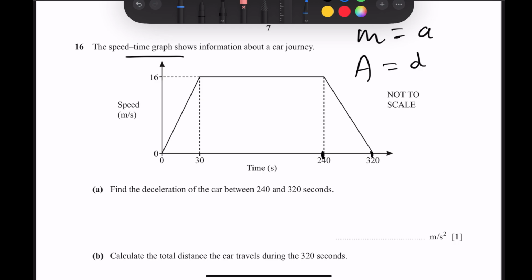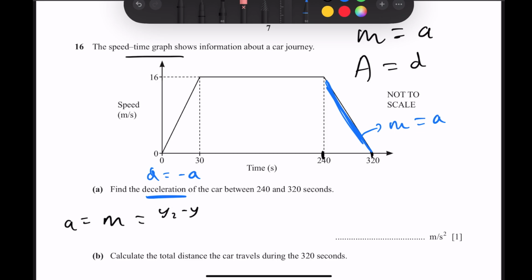So the question is asking for, since this gradient is equal to a and deceleration is equal to negative acceleration, let's first find the acceleration. The m is equal to y2 minus y1 over x2 minus x1.